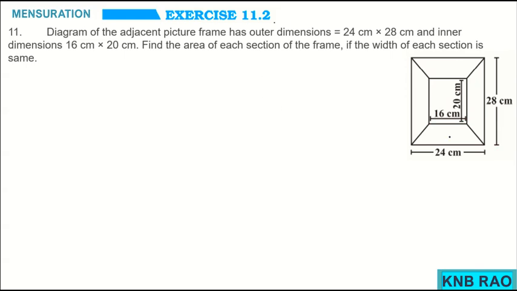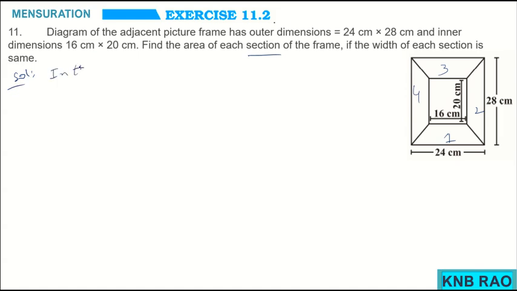Find the area of each section of the frame. Here are the frame containing sections 1, 2, 3, 4. We need to find the area of each section, and here visibly each section is of the trapezium shape.